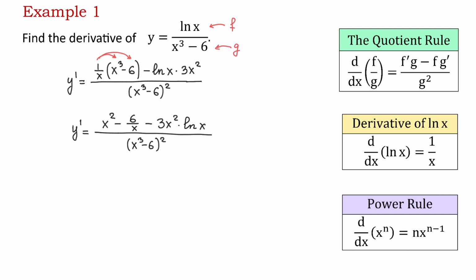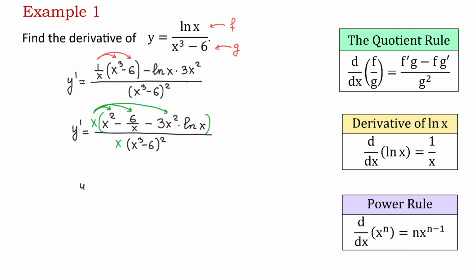If we also want to eliminate this fraction, then we will multiply both the numerator and the denominator by x. Then in the numerator, we will distribute x to each term.